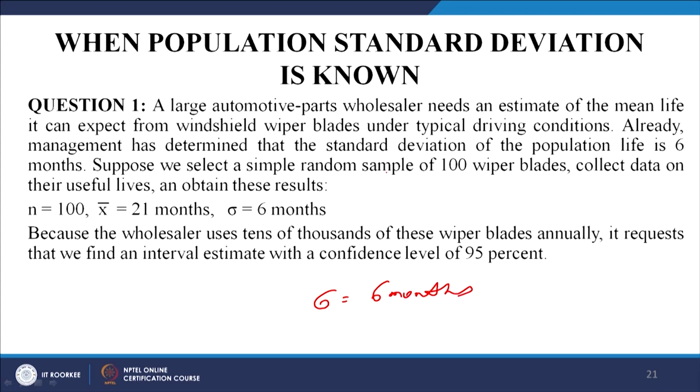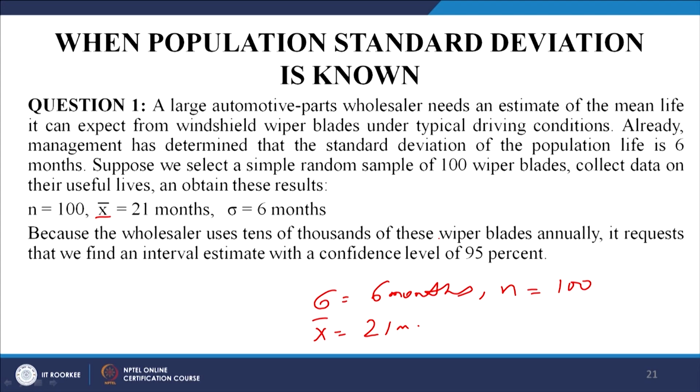Suppose we select a simple random sample of 100 blades, collect data on the useful lives, and obtain x bar equal to 21. X bar is always the sample mean. Because the wholesaler uses tens of thousands of these wiper blades annually, it requests that you and me find an interval estimate with a confidence level of 95%.